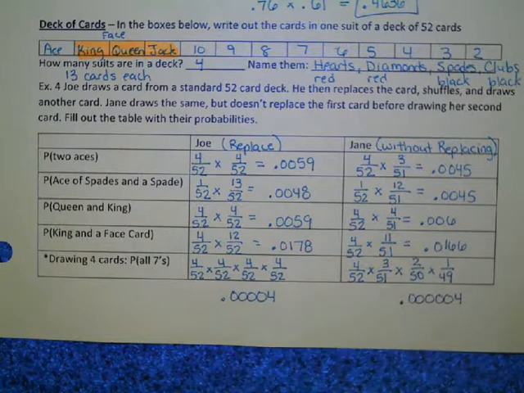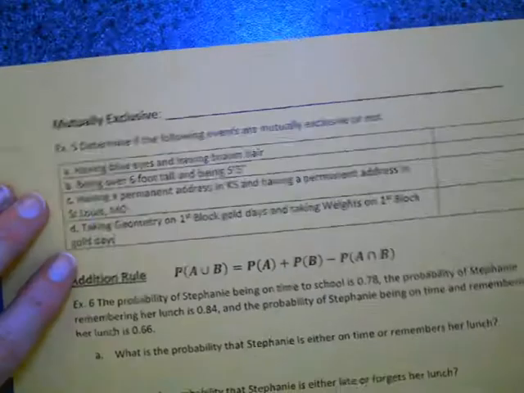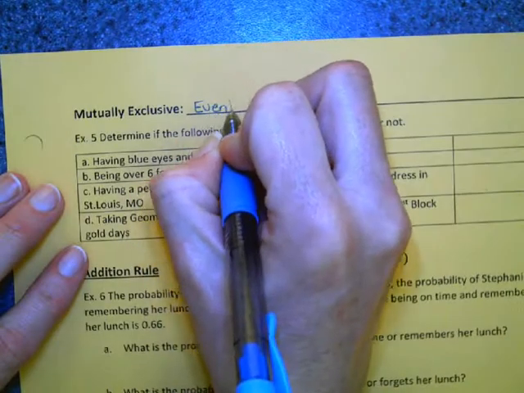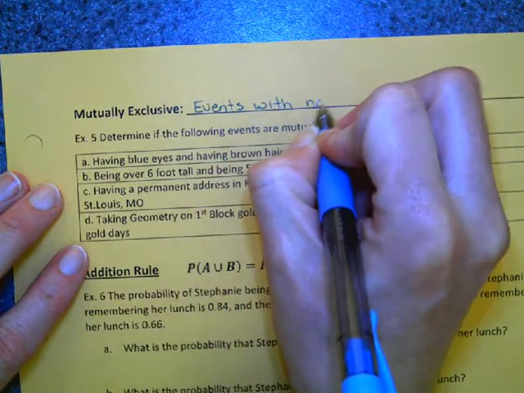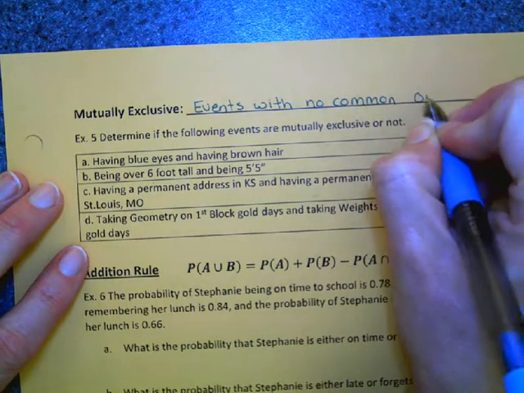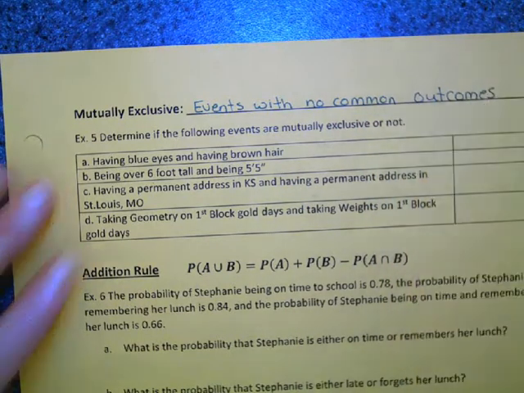Alright, let's look at the next slide. And the next slide is called mutually exclusive. A mutually exclusive event is an event with no common outcomes, meaning there's no overlap between the two events.